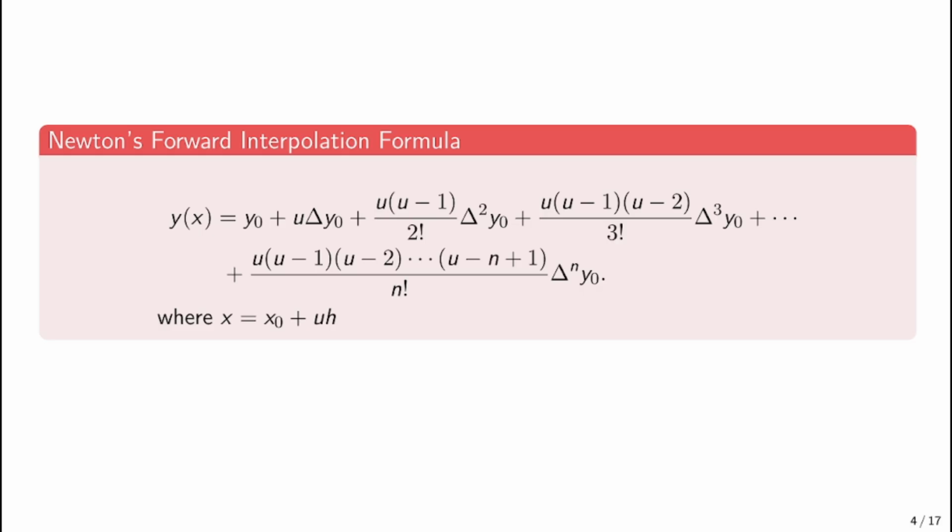In this Newton's forward interpolation formula, the left hand side is in the variable x, but on the right hand side the variable is u, because there is a relation between x and u. So if you want to find dy by dx, you differentiate the right hand side applying the chain rule. Also, you may require the derivative du by dx.